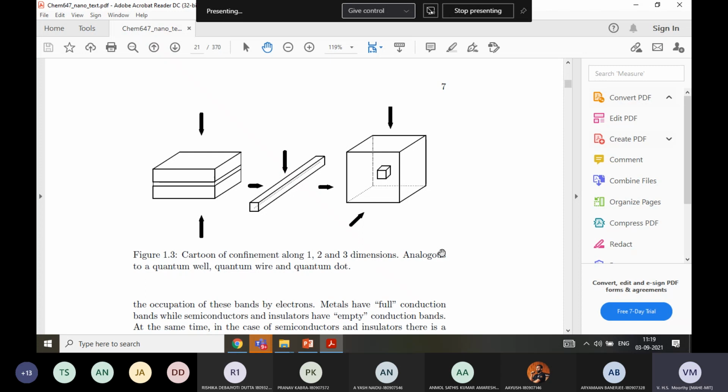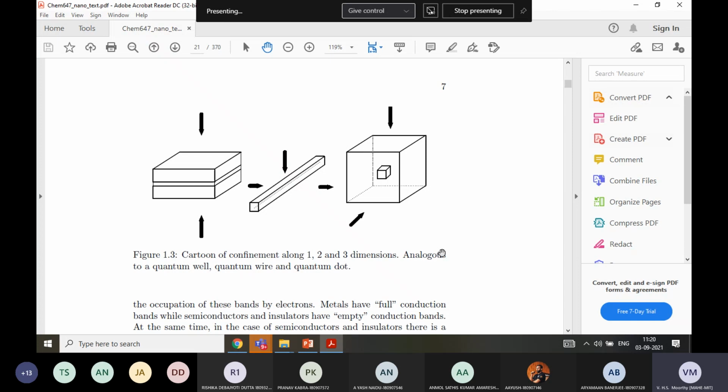What is meant by free? Electrons can access all continuous values of energy levels in the XY directions, but they cannot access continuous energy levels in the z direction because they cannot move, it is restricted. Then what will happen in XY direction?